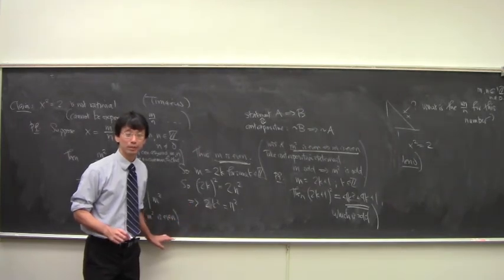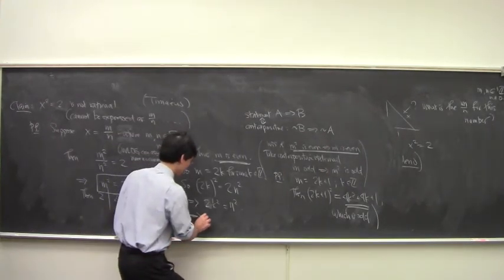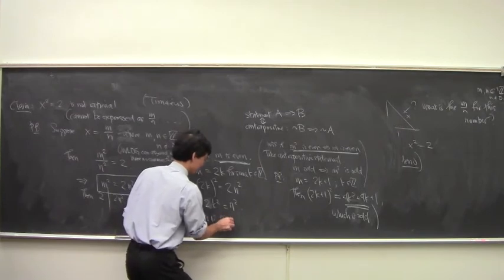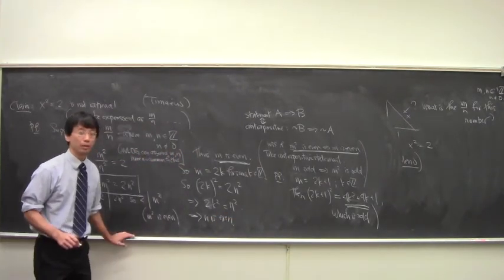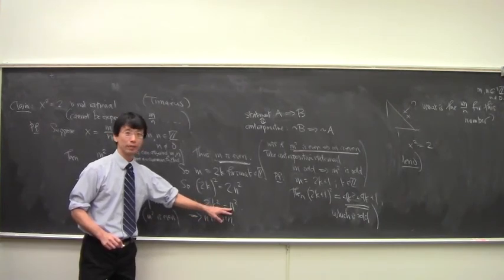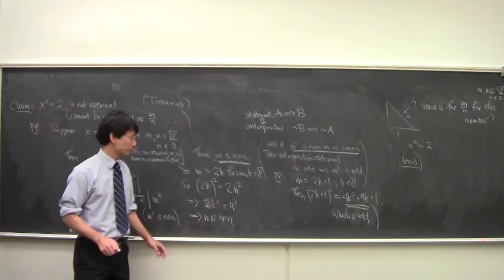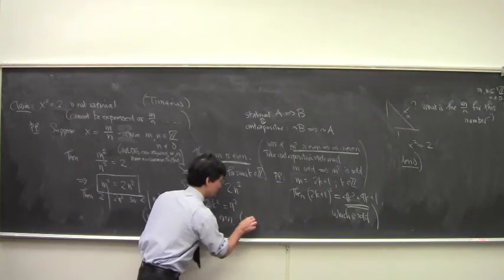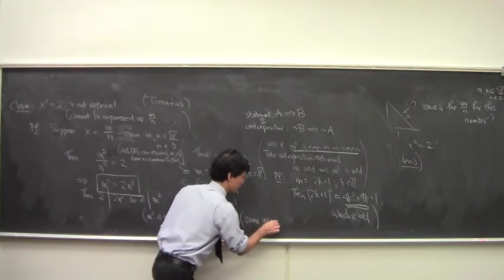What do you see happens? N is even. Great. Then n is even also, because by the same argument, n squared is even, so n is even. Same argument.